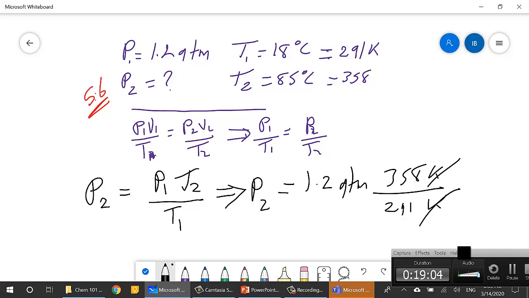So this goes with that, and you will have the pressure P2 in terms of atmosphere, and P2 in that case will be equal to 1.48 atmosphere.